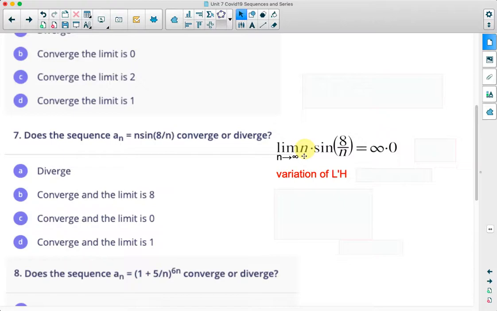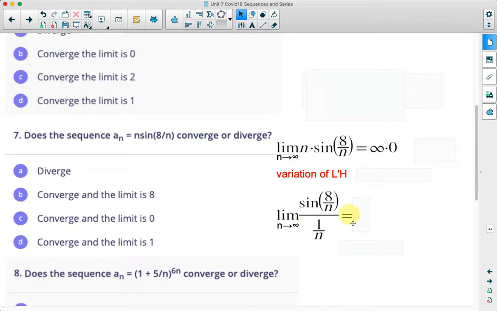An n in the numerator becomes a 1 over n in the denominator. Think back: if you took divided by 1 over n, flip it, multiply, that becomes this n.